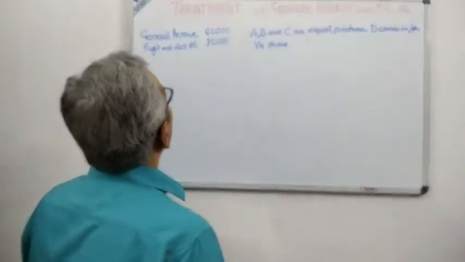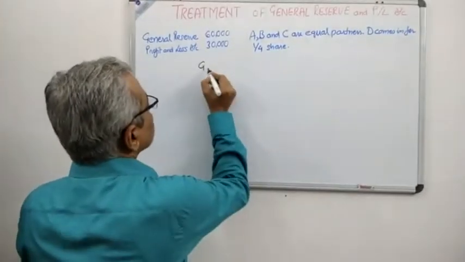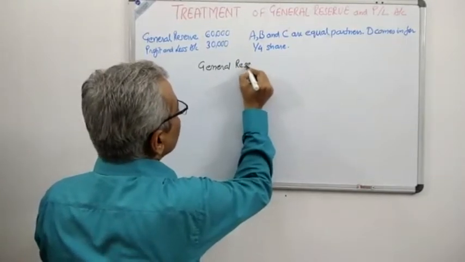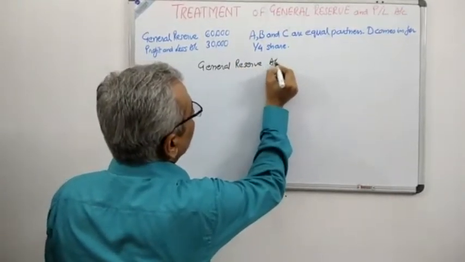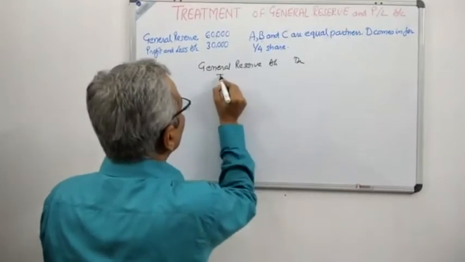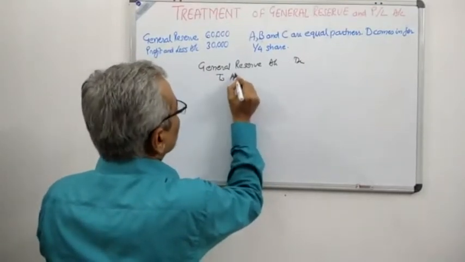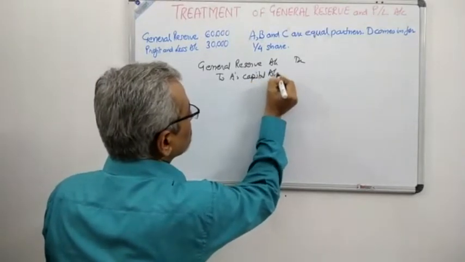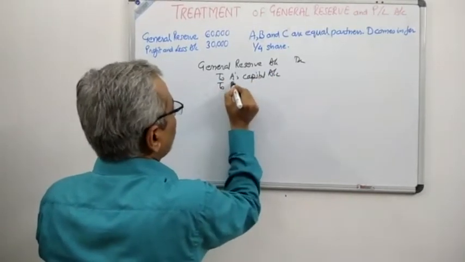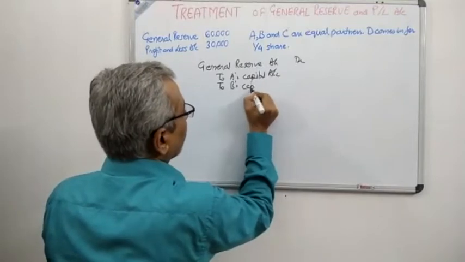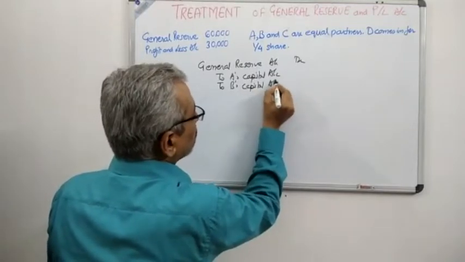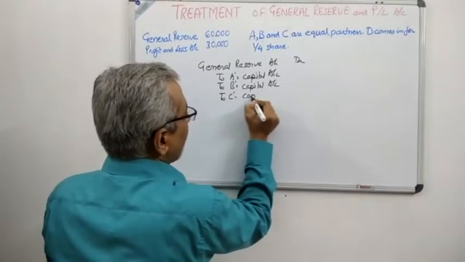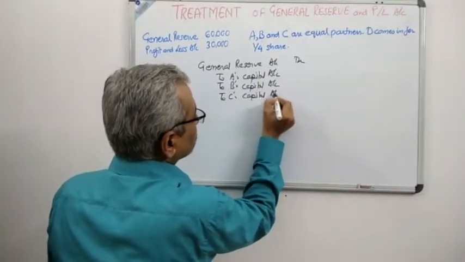So first entry over here, please see very carefully. General reserve account debit to A's capital account, to B's capital account, to C's capital account.